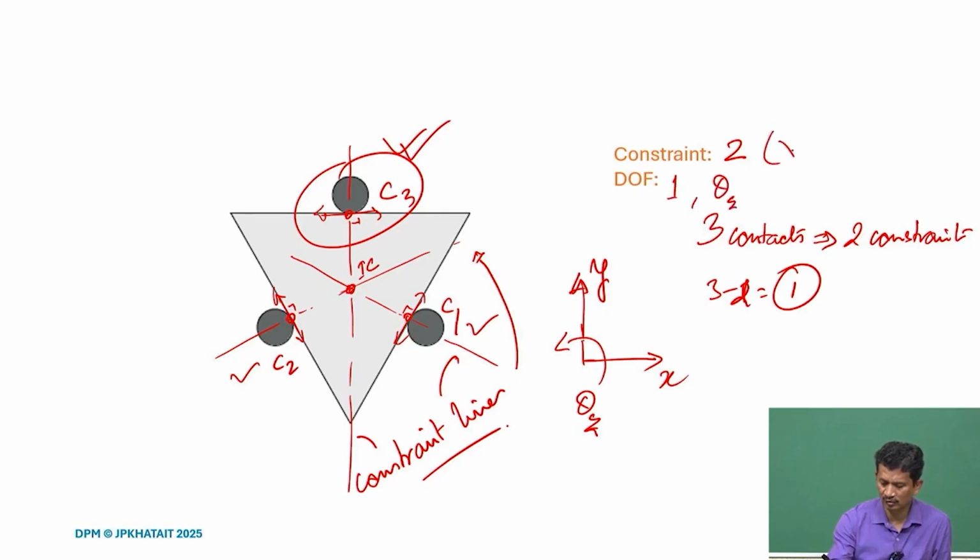Here 2 is x and y translation. So, what we understand from this design is that we can remove any one of them and still not have any issue in terms of degrees of freedom and constraint. So, it is an over constraint design.